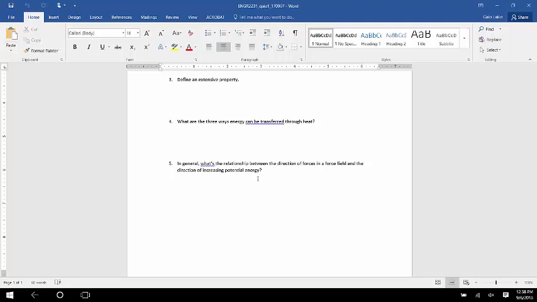So a force field, so conservative forces, forces where if you're given the location of the object, that's enough to specify the force. Those are associated with potential energy functions. And also, those are things that you can think of as a force field.